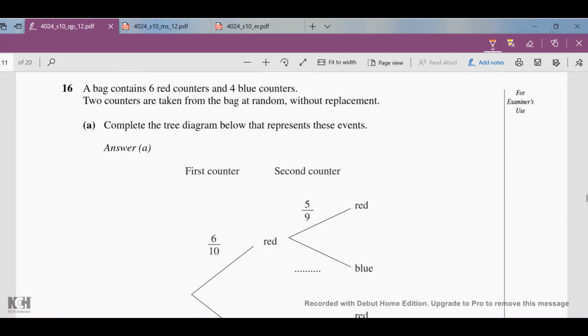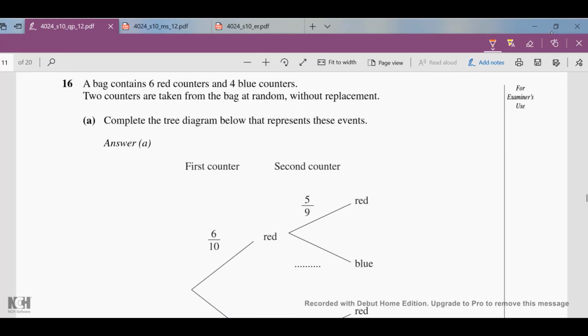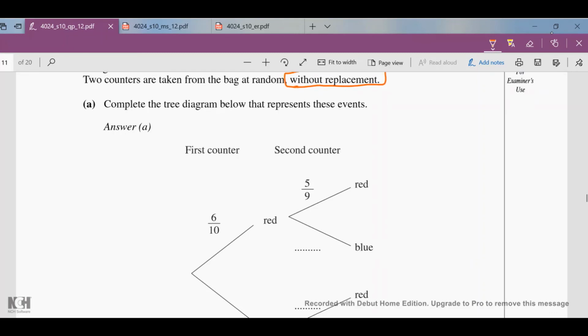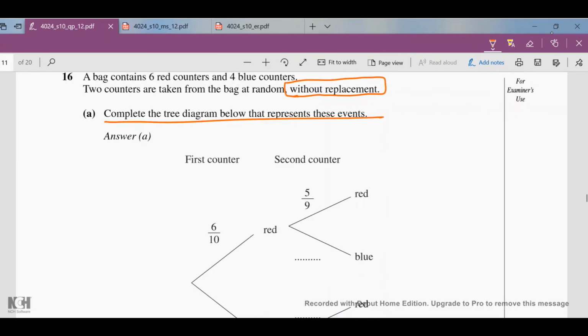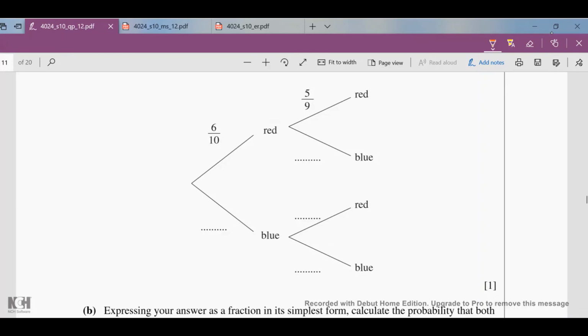This question, number 16, is about probability. Without replacement is very important here. Without replacement means you have to change the denominator. Let's complete the tree diagram. When this is 6 upon 10, this will be 4 upon 10, because the sum is always equal to 1. Like 3 upon 5, the second will be 2 upon 5.